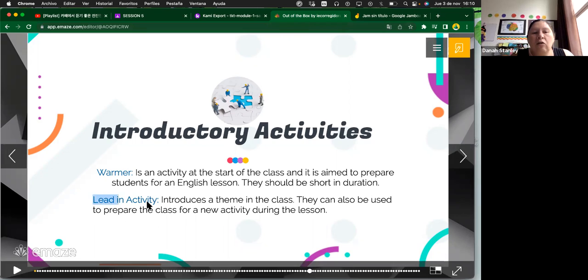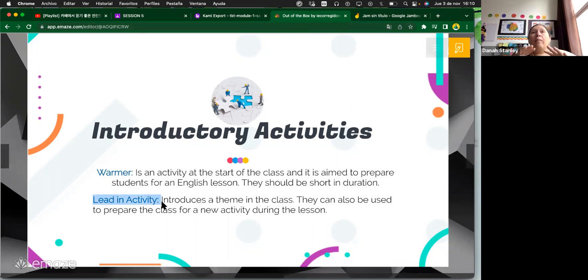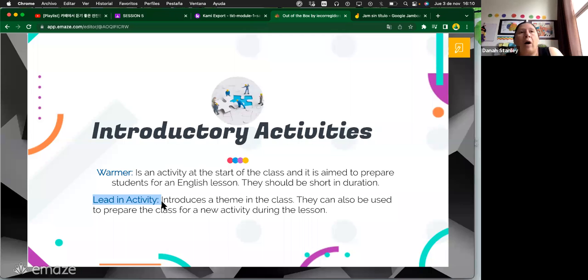And the lead-in is going to be the activity that I'm going to have before presenting the vocabulary, the grammar, as part of the pre-reading or the pre-listening. It is the activity that is going to set the context. Remember that it's important to contextualize the activities my students have.